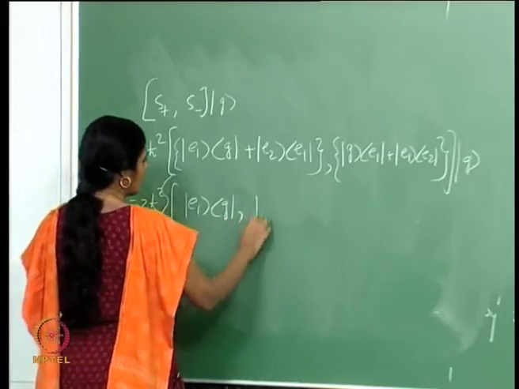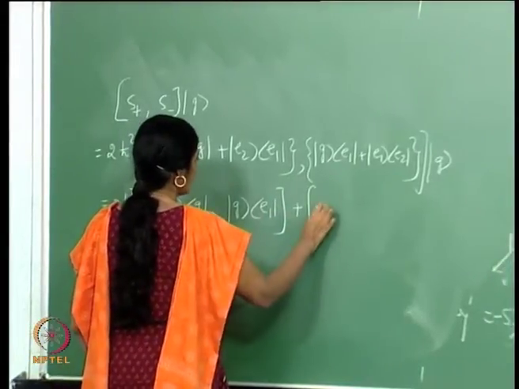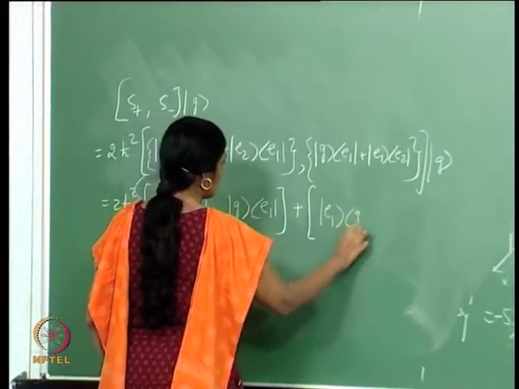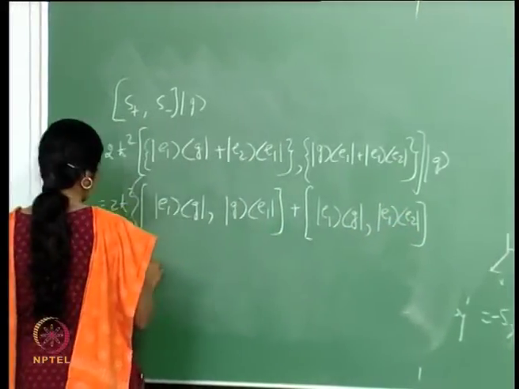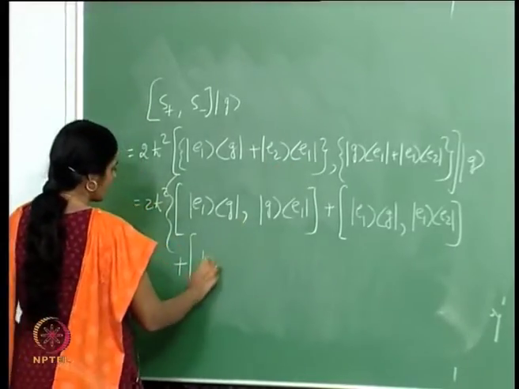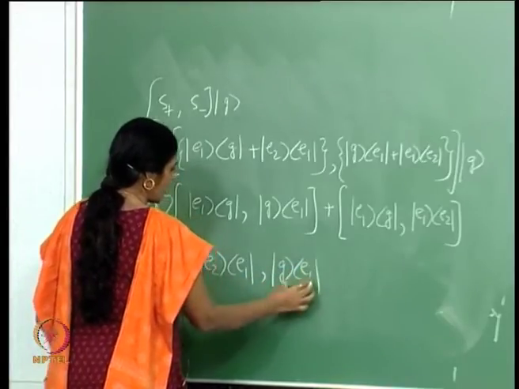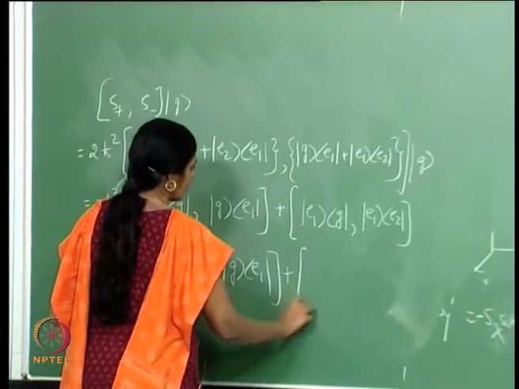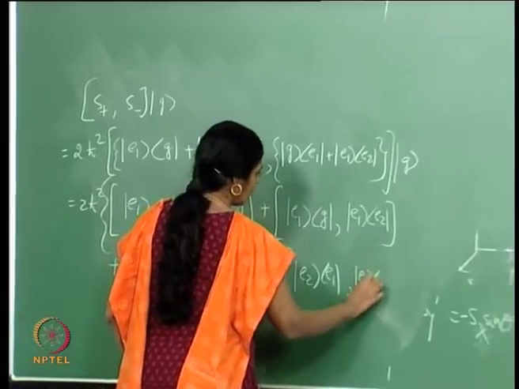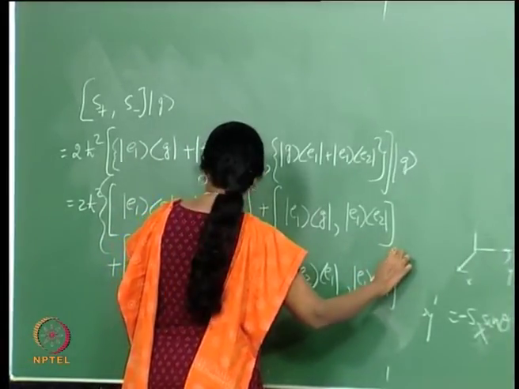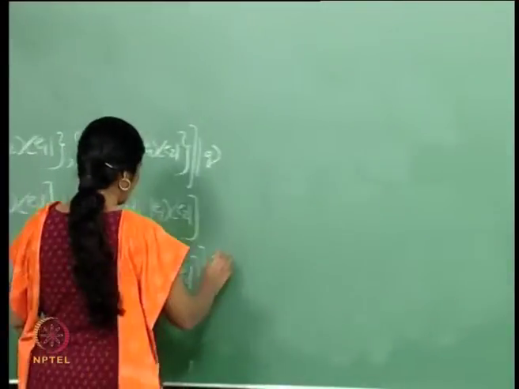The commutator of E1G with GE1, that is the first term. I have 4 such commutators. The commutator of E1G with E1E2, plus the commutator of E2E1 with GE1. These are operators, plus the commutator of the operator E2E1 with E1E2, and this of course acts on the state G in my case.